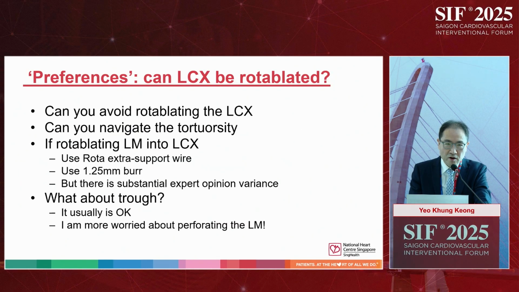I put that in inverted commas as preferences because this is a rather data-free zone. Again from experience, can I avoid rotablating the left circumflex? If I can, I generally prefer not to because of what you saw with some of the wire bias, some of the complications that might occur.